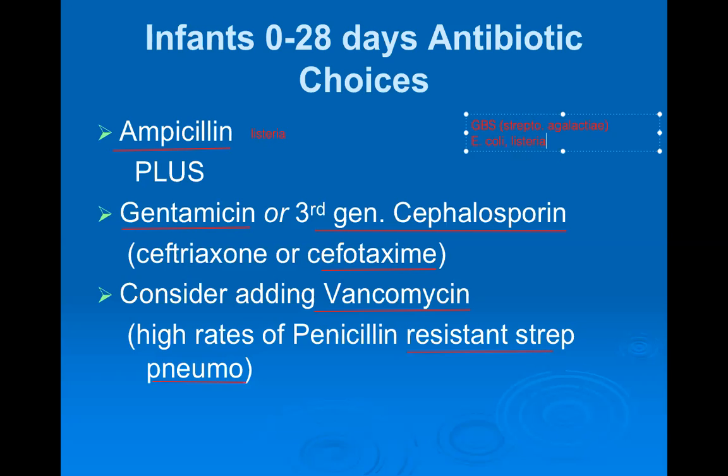Apart from them, Staph aureus can be there, and some other gram negatives may also be there. But don't forget these names. Now, Listeria is covered by ampicillin, we already know. The rest of the organisms are covered by a third generation cephalosporin or gentamicin. And if you believe Staph aureus is there, you need to go for vancomycin.